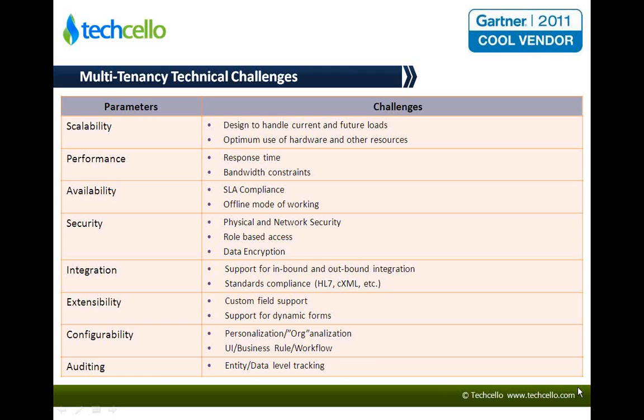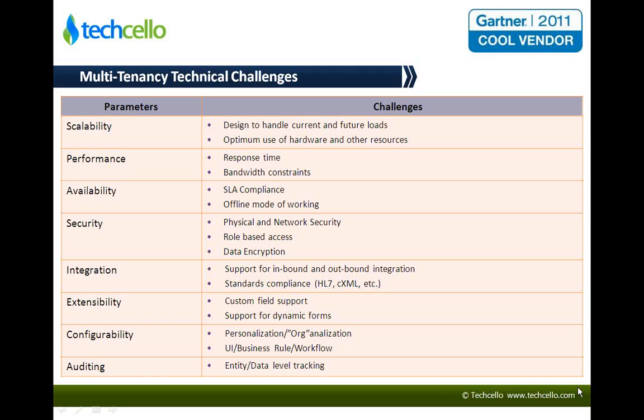Now on the role-based access, you will have to think about a very flexible model. This is something that gets a little complicated in a multi-tenant scenario, because you're not going to devise one access control for a particular tenant, keeping one tenant in mind.